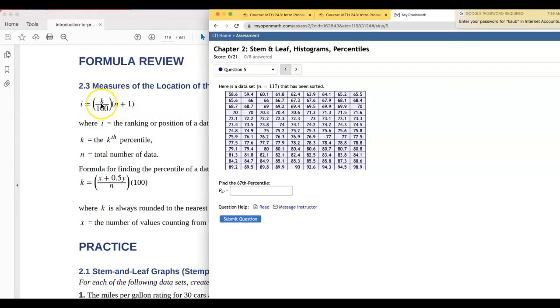So you're going to put 67 in for K. You're going to put in 117 in for N. Figure that out. And then you're going to count to that data point. You want to always, if it's a decimal, count to the one below it. So if it's 27.3, then you're going to go to 27 and 28, counting them out in the order, and then average those two numbers together. That's how you find the percentile, using this formula.